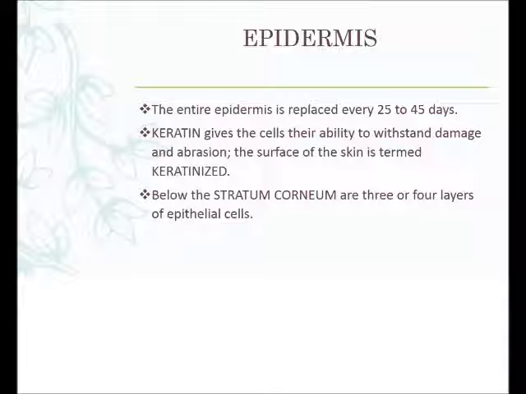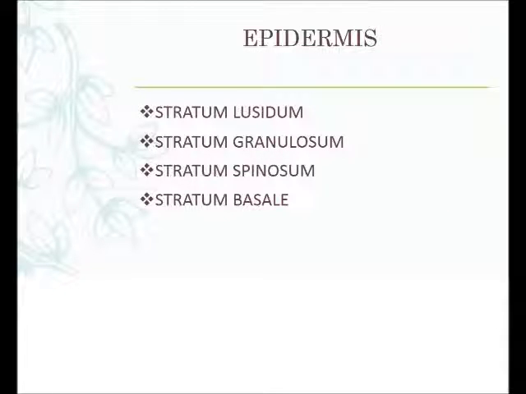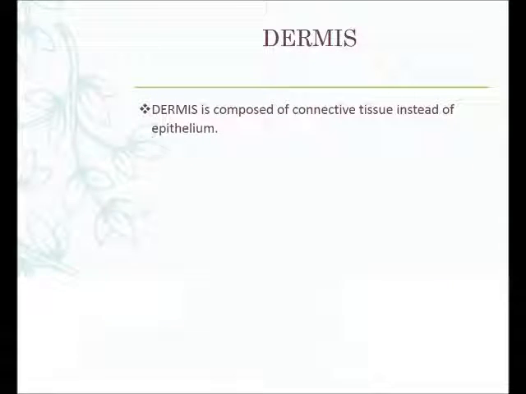Beneath the stratum corneum are 3 or 4 layers of epithelial cells: the stratum lucidum, stratum granulosum, stratum spinosum, and stratum basale. The basal layer is attached to the underlying dermis and is the source for all cells that make up the epidermis.